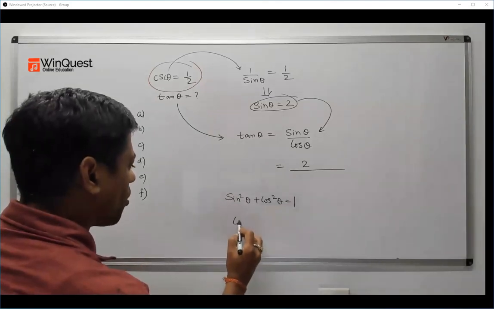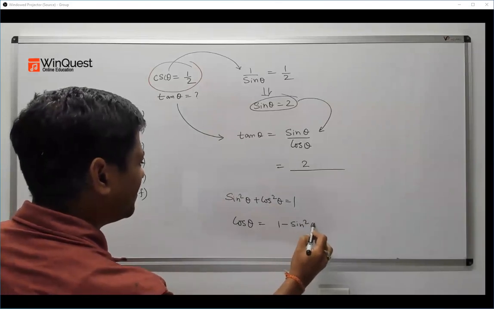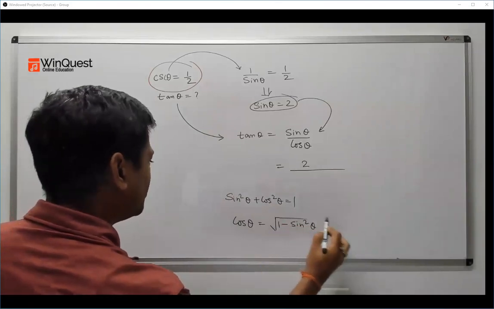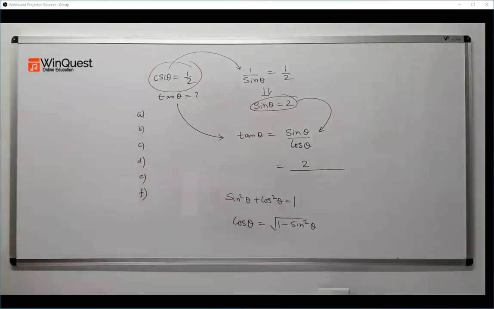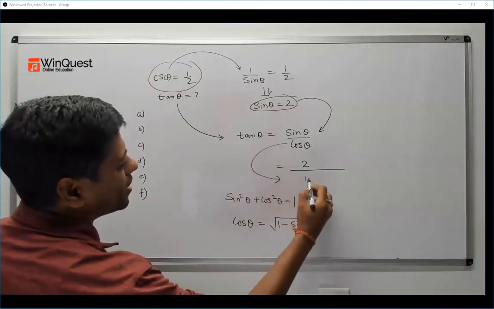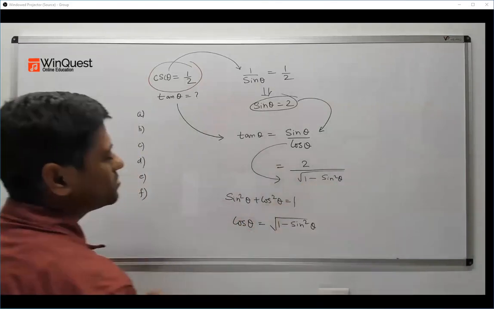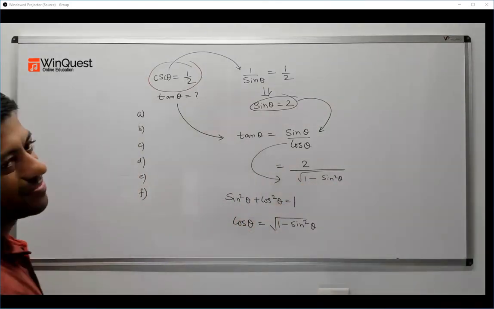So can I say cos theta is the square root of 1 minus sine square theta? So cos theta I can write as root over 1 minus sine square theta. Is it so? Yes.